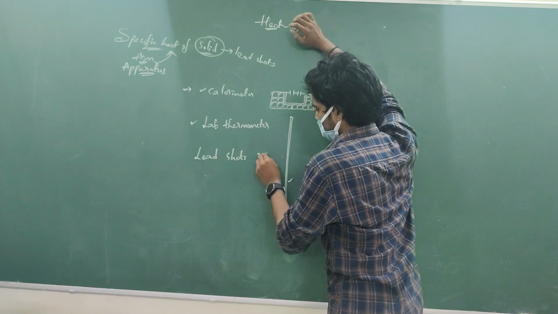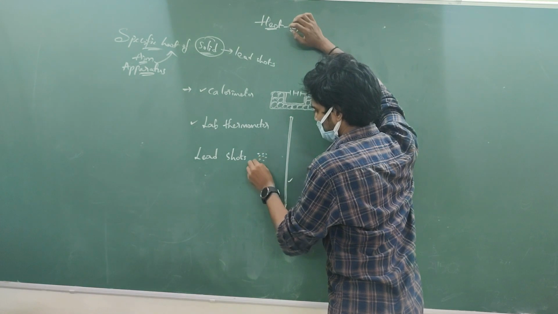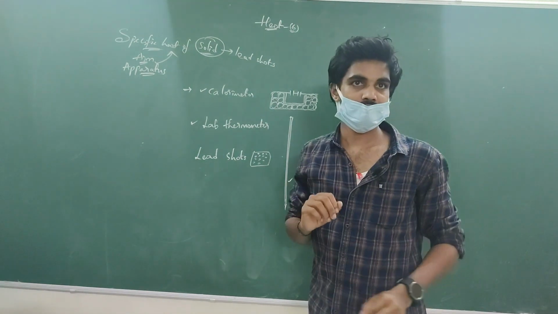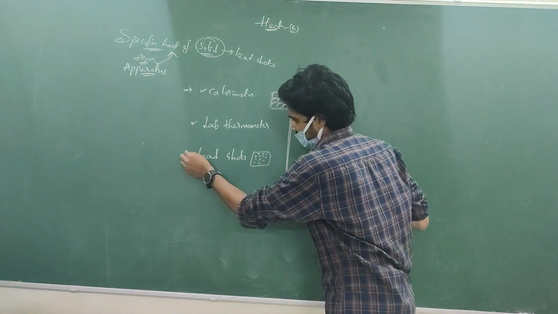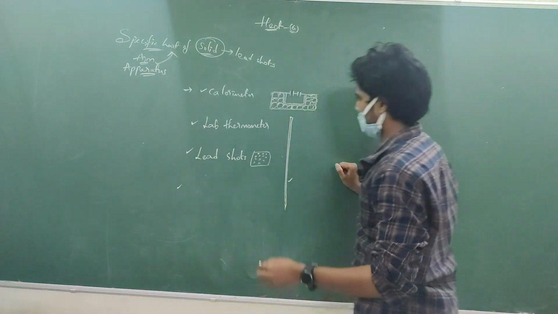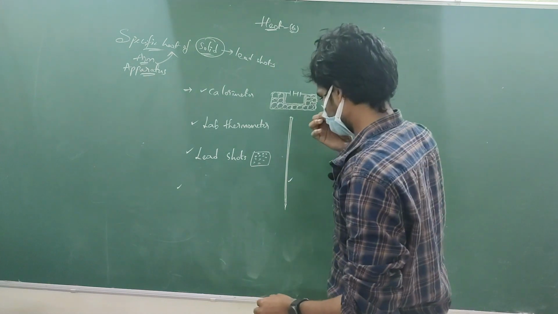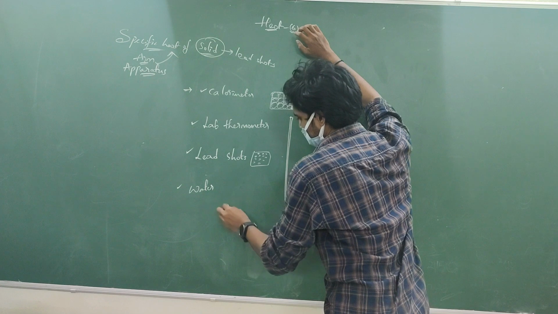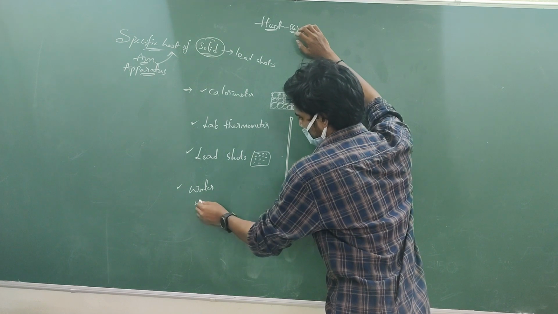Lead shots. Let's say the shots might be like this. We'll take some crystals like this, small pieces of lead shots, and along with this we'll take some amount of water. That has been taken in a water bath.